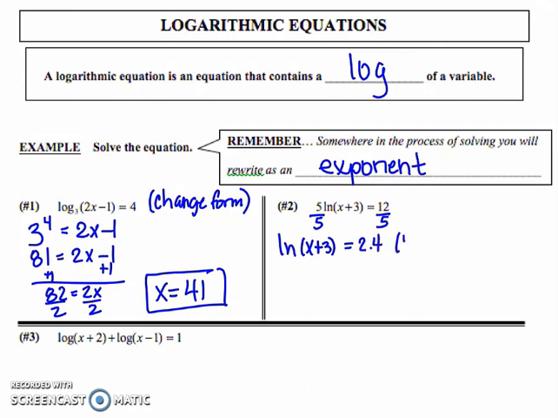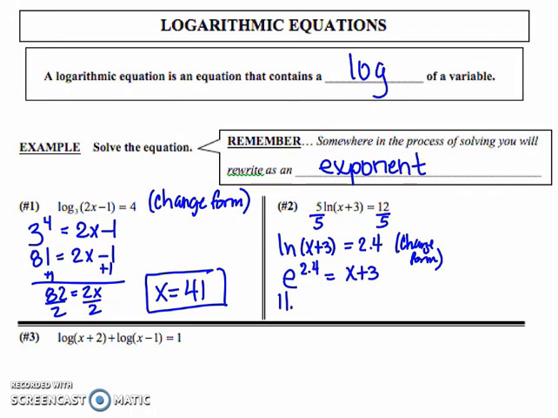Now I am going to change form. If I have a natural log, then I have a base of e. So this is going to be e to the 2.4 power equals what's inside my log, which is x plus 3. I can evaluate e to the 2.4 power on my calculator.